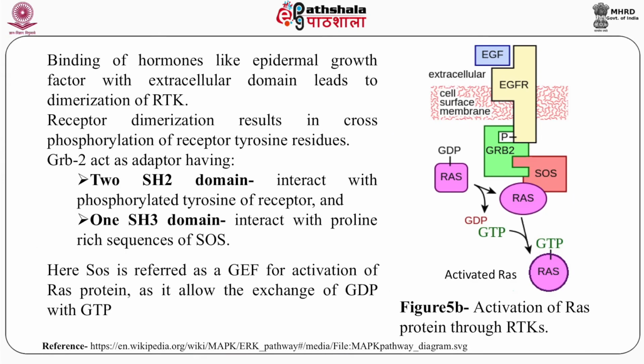This whole process is summarized in this figure, in which A represents the activation cycle of RAS protein through exchange of GDP and GTP, and B represents the activation of RAS through signaling, where the binding of epidermal growth factor leads to the exchange of GDP by GTP, which results in activation of RAS protein.